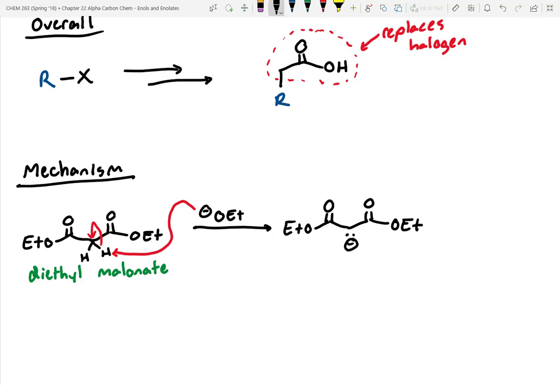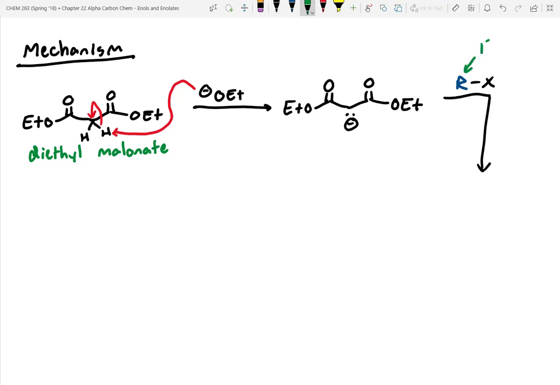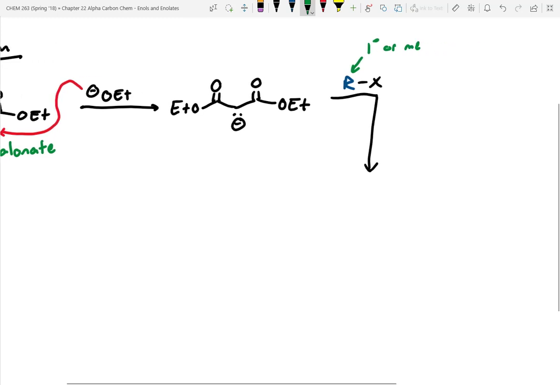Once you've enolized it, then you treat it with the alkyl halide, so that R group in blue up above. Let me change this. So just like before, I'm going to keep that R group blue so we can keep track of it. And just like I mentioned before, this should be primary or methyl. If it's tertiary, you get E2.